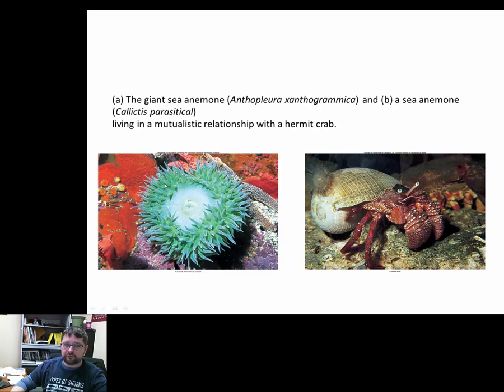So here you can see some sea anemones. We examined sea anemones in lab. You dissected them. Some of them have symbiotic relationships with crabs and things like that, hermit crabs. Sorry, not horseshoe crabs, but like swimming crabs, hermit crabs, maybe some species of lobster.